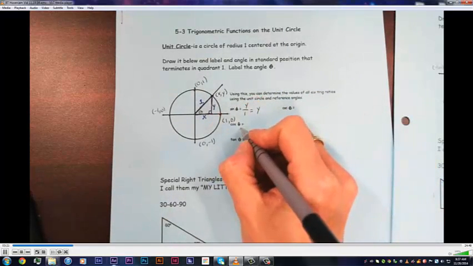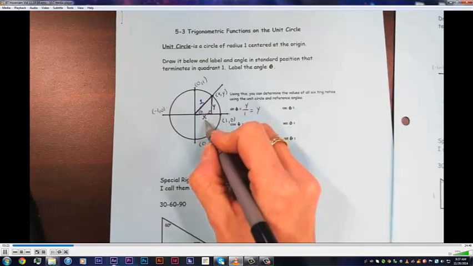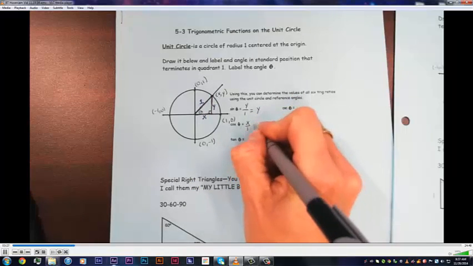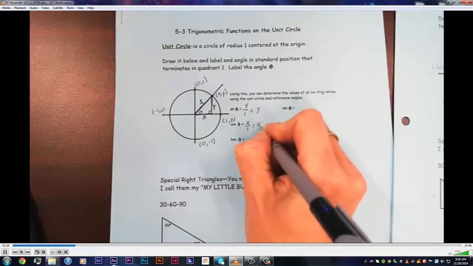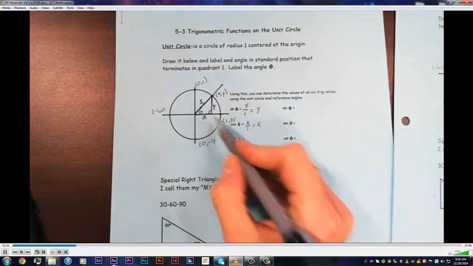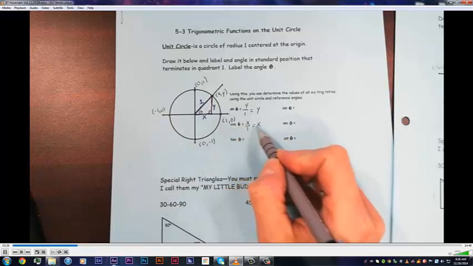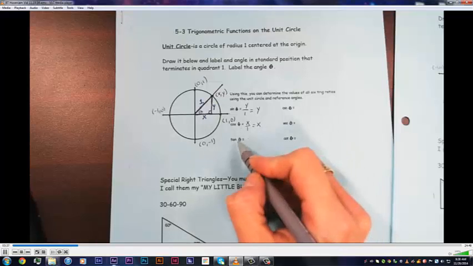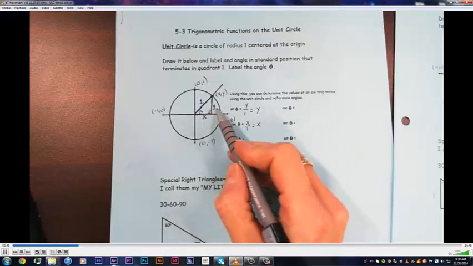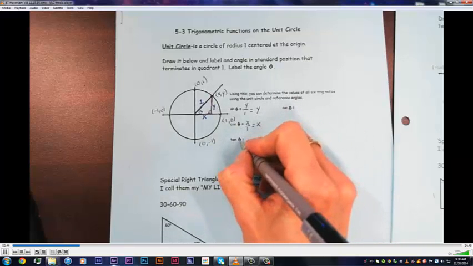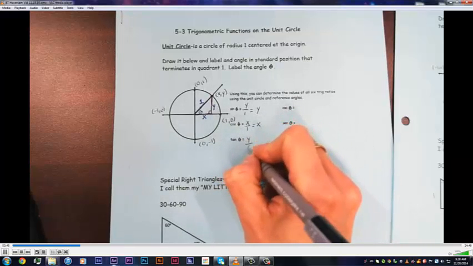Cosine of theta is adjacent over hypotenuse, so it's x over 1, or simplifies just to an x. So sine of an angle is equal to the y coordinate, cosine of the angle is equal to the x value. Tangent is opposite over adjacent, so tangent of the angle is the ratio y over x.